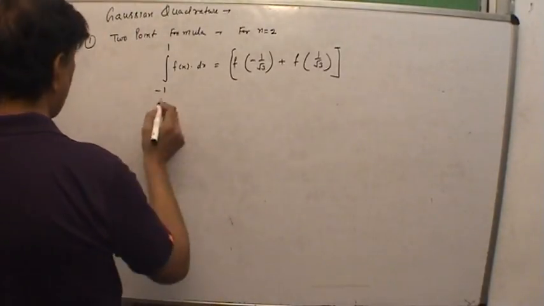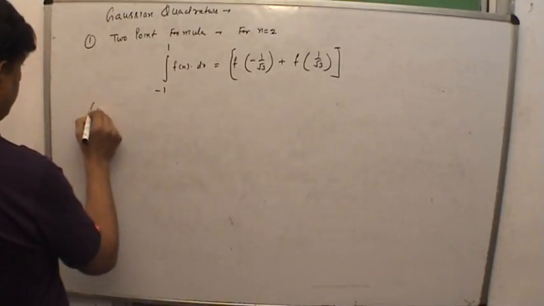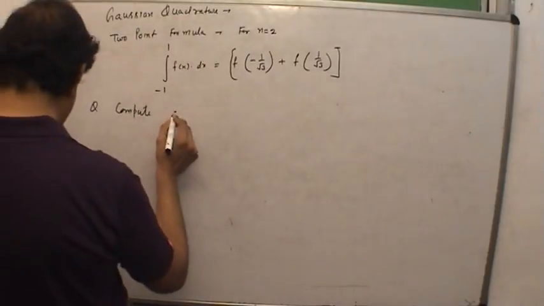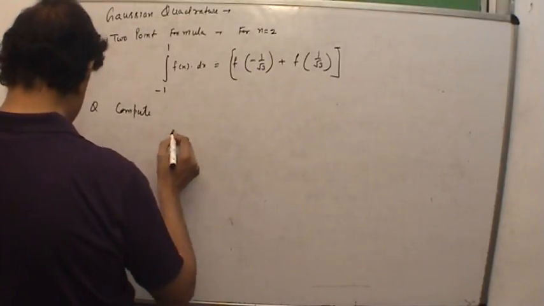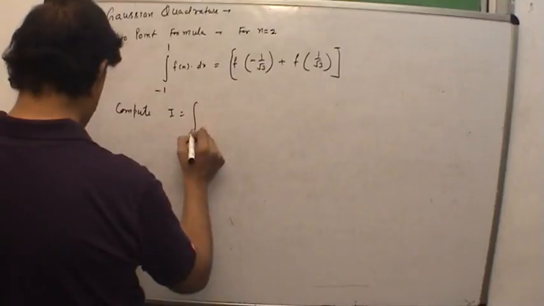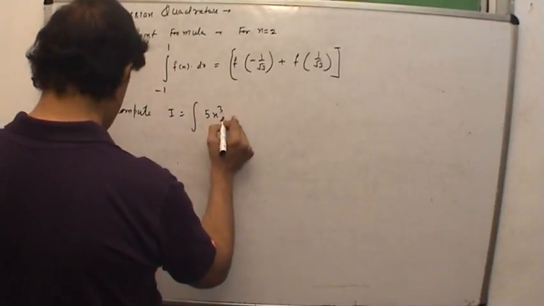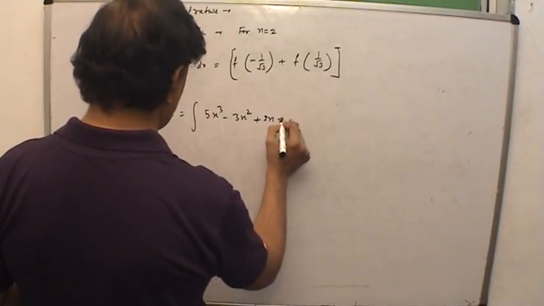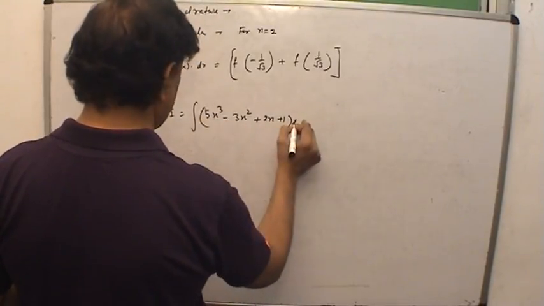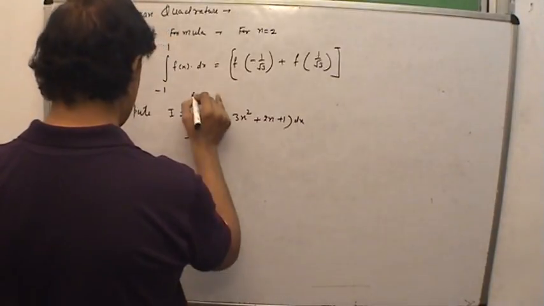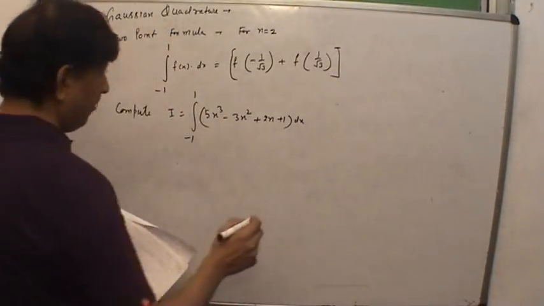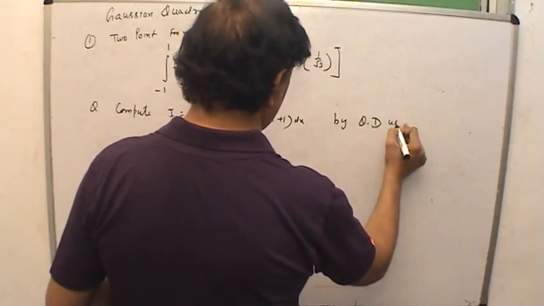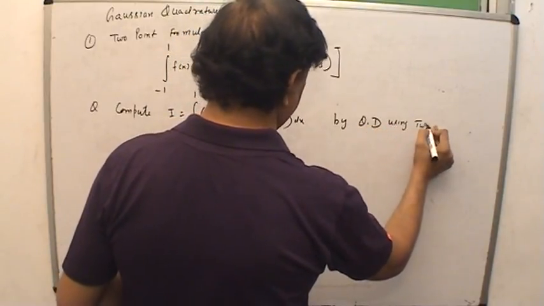Now let us do a compute problem on this. Compute the integration of 5x cube minus 3x square plus 2x plus 1 with respect to x from -1 to 1 by Gaussian quadrature using 2-point formula.